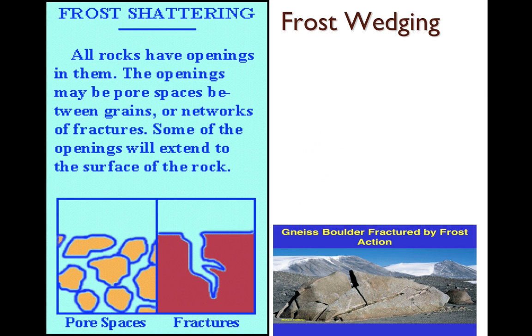There are several different processes that we are going to discuss that are associated with mechanical weathering. The first one is frost wedging. I want you to pause for a minute to think about, what do you think frost wedging is? See if you can come up with your own definition in your own words, and then continue on with your notes.